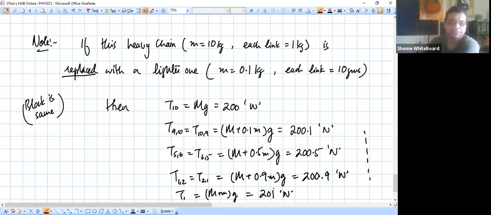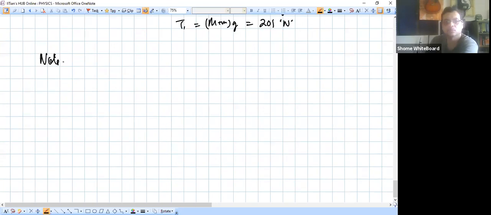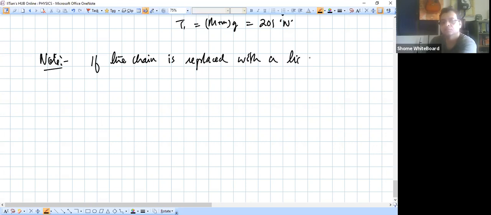So likewise, if we were to replace the chain with a very light thread, here small m is now tending to 0. It might just be a few grams or not even that much.